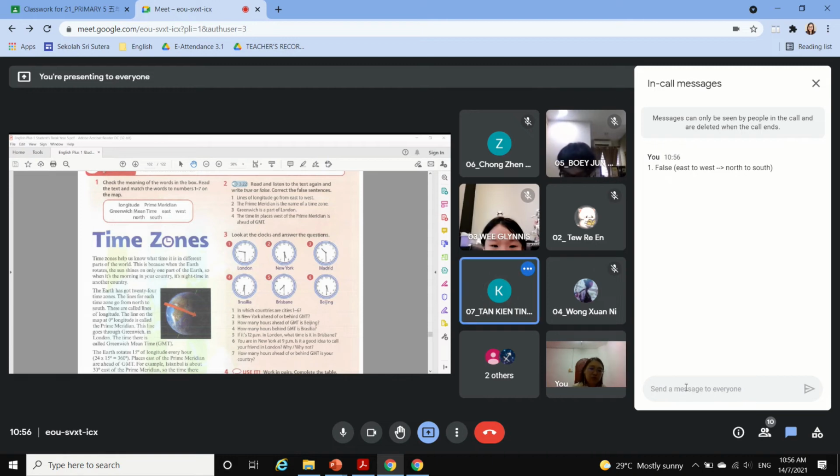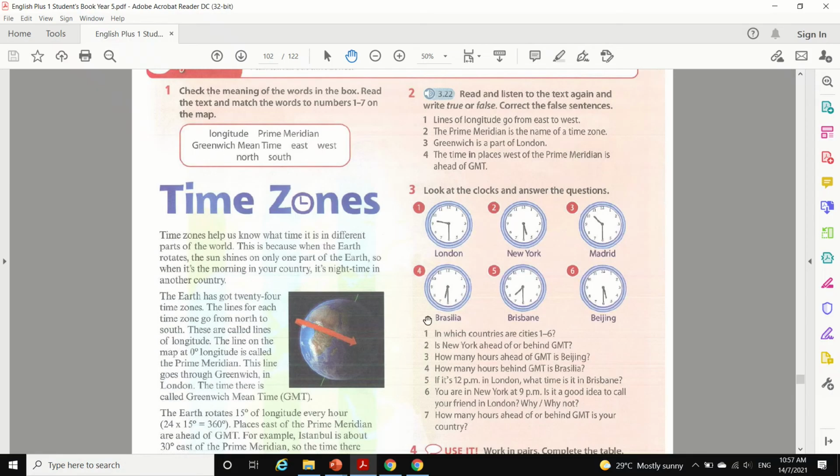Okay. Number 2. The prime meridian is the name of a time zone. True or false? Is the name of the meridian time zone?